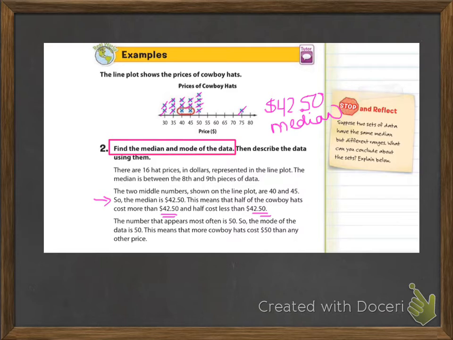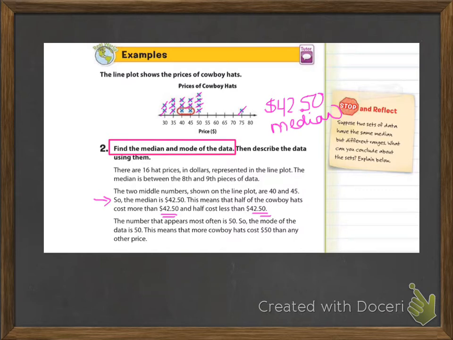The number that appears the most often, that's our mode, is 50. So the mode of the data is 50. This means that more cowboy hats cost $50 than any other price, not than any other cowboy hat. So tell me that more cowboy hats cost $50 than any other price. There's a good amount that goes into describing the data.